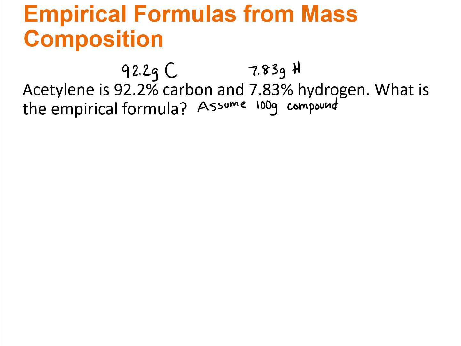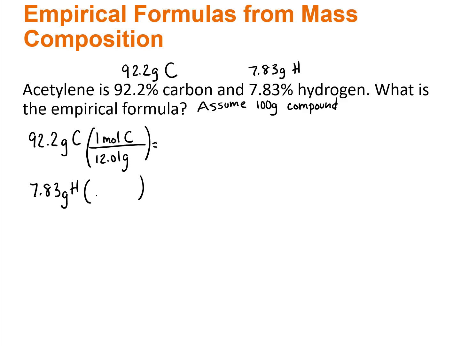We take the grams and convert to moles, we figure out the mole ratio, and then we put together our empirical formula. You can put those in your calculator and let me know what you get for the number of moles of each.